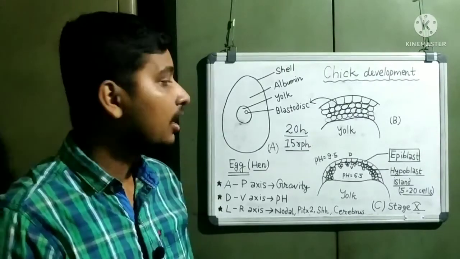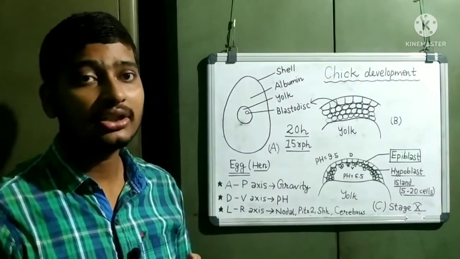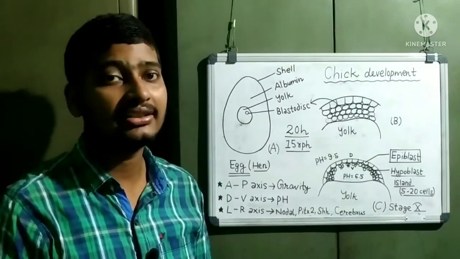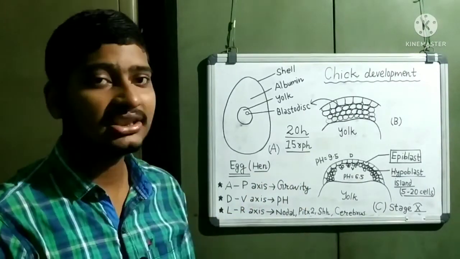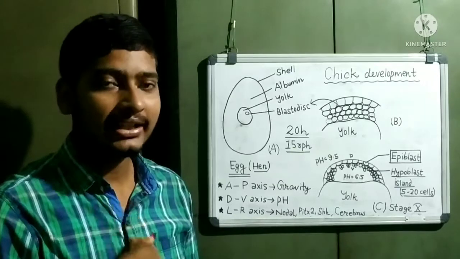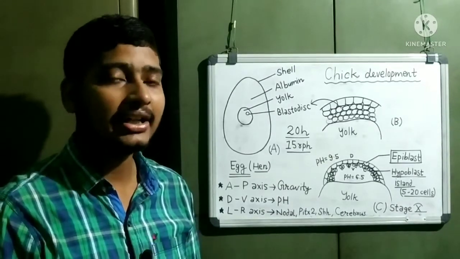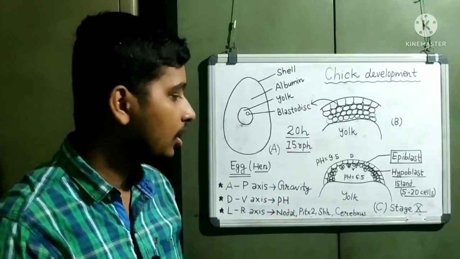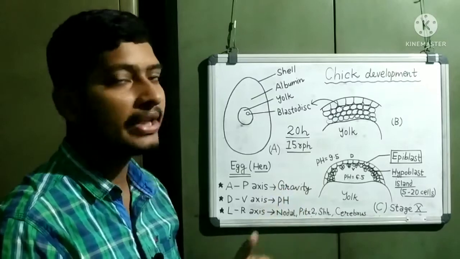Okay, now I will discuss a little bit about the axis formation in the egg. Okay, so there are three axes, anterior posterior axis, dorsal ventral axis and left right axis. So anterior posterior axis is gravity dependent.